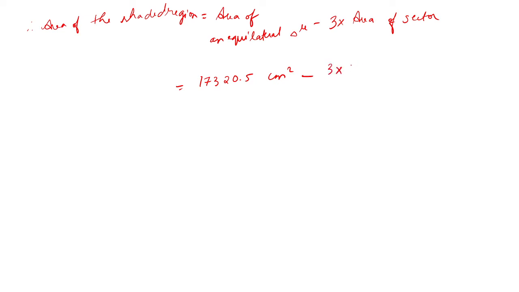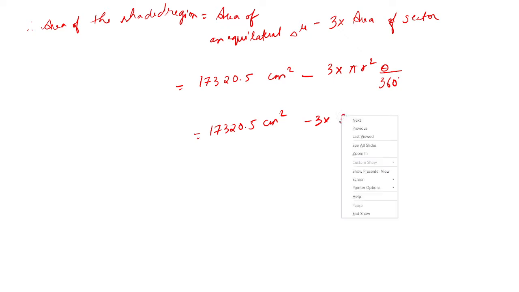The area of a sector is pi r square into theta by 360. So 17,320.5 centimeters square minus 3. They have told us to take pi as 3.14. The radius is 100, theta is 60, and this is 360.